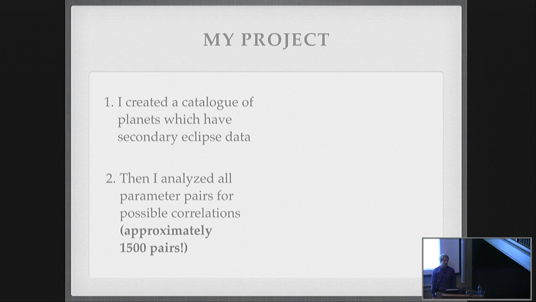And then I correlated every parameter in the catalog with every other possible parameter and looked for potentially interesting relationships. Due to time constraints of the project, we only had 8 weeks. I couldn't do a rigorous statistical analysis, but I was able to find some interesting results nonetheless.